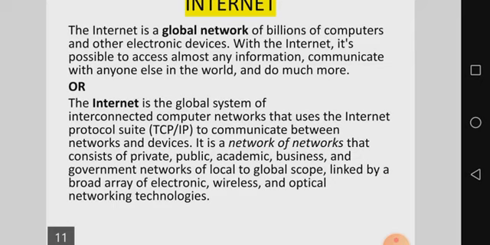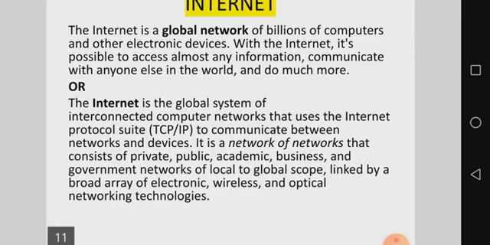Let's see what Wikipedia says. The internet is the global system of interconnected computer networks that uses the internet protocol suite, TCP/IP. We'll discuss TCP/IP later on, which is a very important protocol for the internet, and the invention of TCP/IP changed how the internet works.